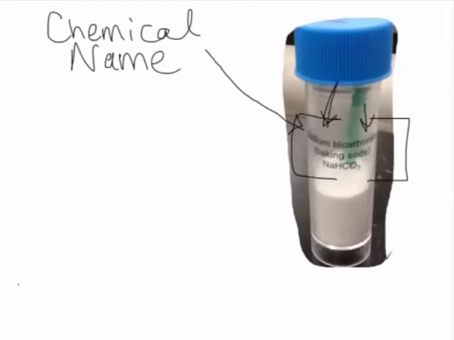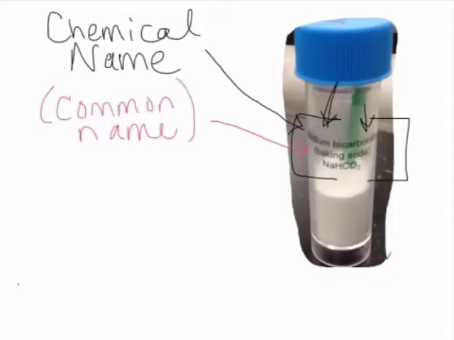The next line is actually going to be a phrase or a word that you might actually be more familiar with. That is because the second line in the parentheses is what is known as the common name. Some of the things that we'll be working with in our labs do have very common purposes in our regular life, and so this might be a name that you might be more familiar with.